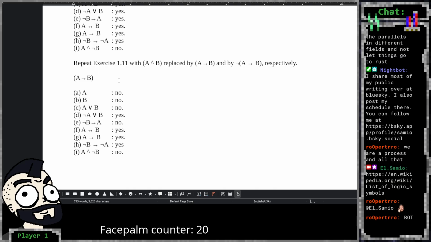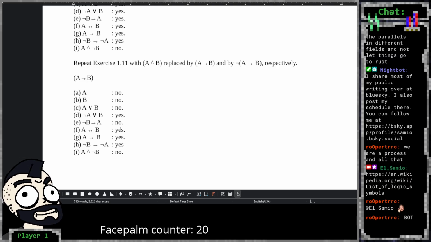Okay, got it. So this situation is false when both are false. A is false and not B is true. Not B is true when B is false. So if both are false, then this formula is false, yet this one is true. So it does not follow from one to the other.